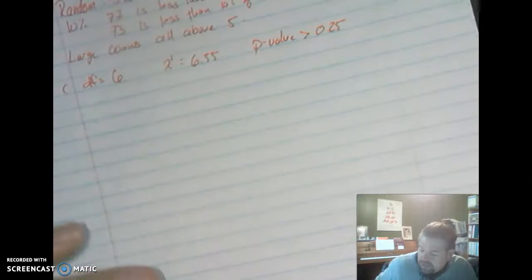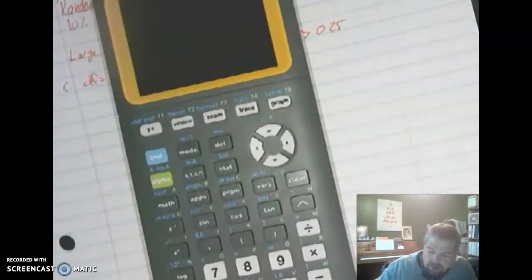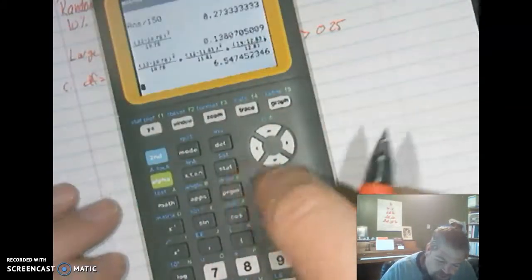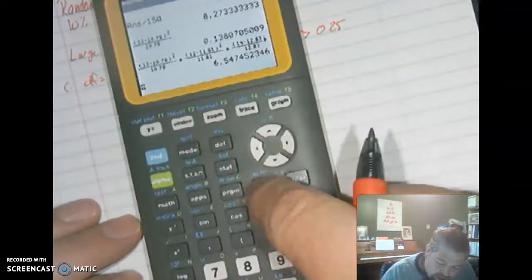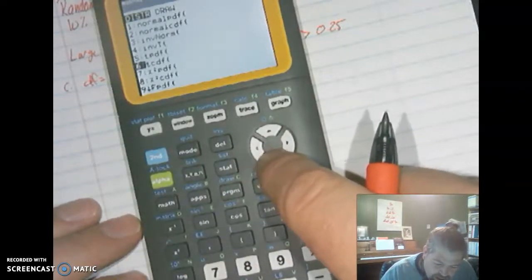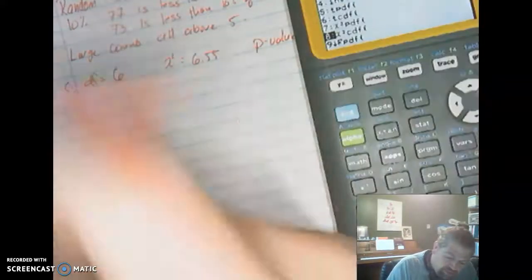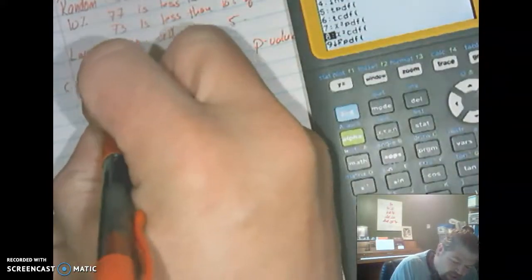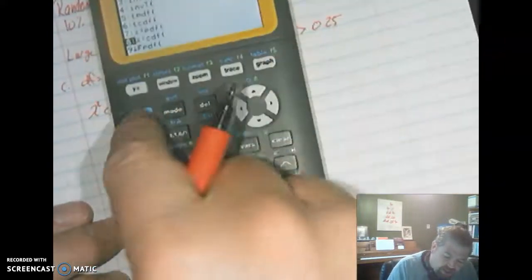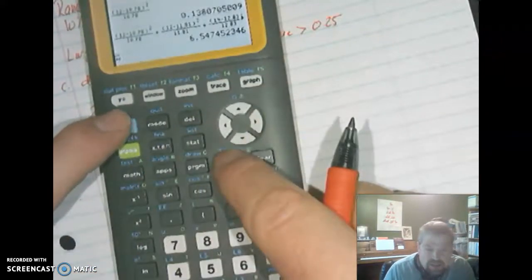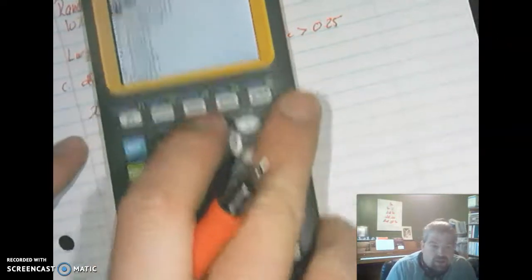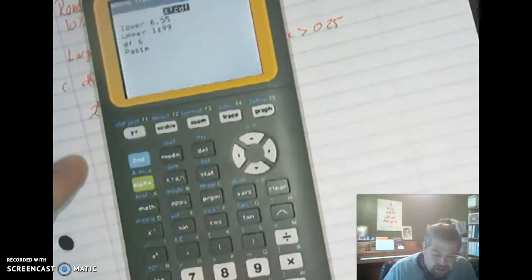Now, going to our calculator, I'm going to go to second distribution, come down here to my chi-square CDF. So chi-square CDF, that's again a little bit slower. Second distribution pulls up that. I'm going to choose number 8.